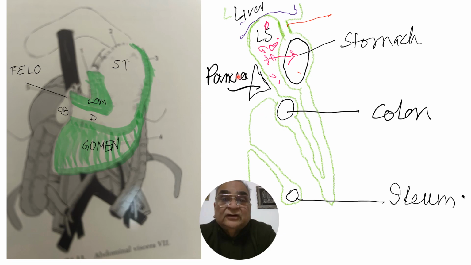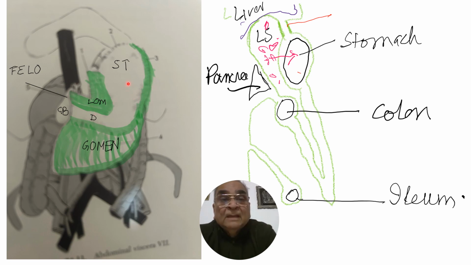So this is the formation of the pseudopancreatic cyst. And then after the pancreas, this is the retroperitoneum, and then this is the mesentery of the ileum. So this is what we have tried to show in this particular slide: the continuity of the greater omentum with the lesser omentum and the transverse mesocolon.